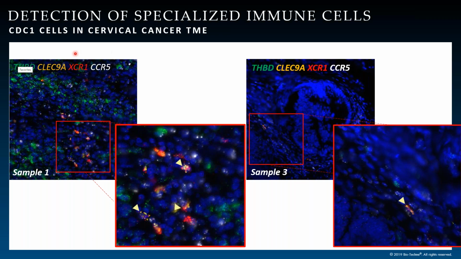Again, to highlight, XCR1 and CCR5 are receptors to the soluble factors secreted by NK cells, and we were able to co-localize all 4 markers on specific cells, indicating that these are subsets of the DC cells that we're interested in and show correlation with the presence of NK cells. Again, in sample 3, we were not able to see as many DC cells compared to sample 1, showing correlation between NK and DC cells.